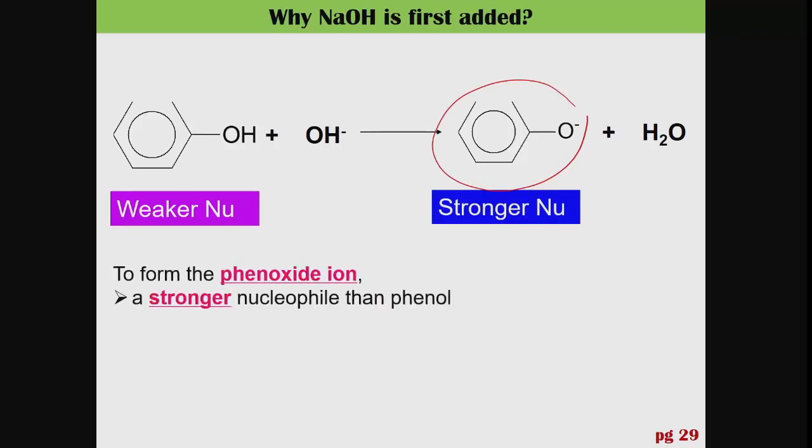The forming of a stronger nucleophile will help to allow nucleophilic substitution to occur more readily. So that's why I add sodium hydroxide first, to change phenol to phenoxide, a stronger nucleophile.